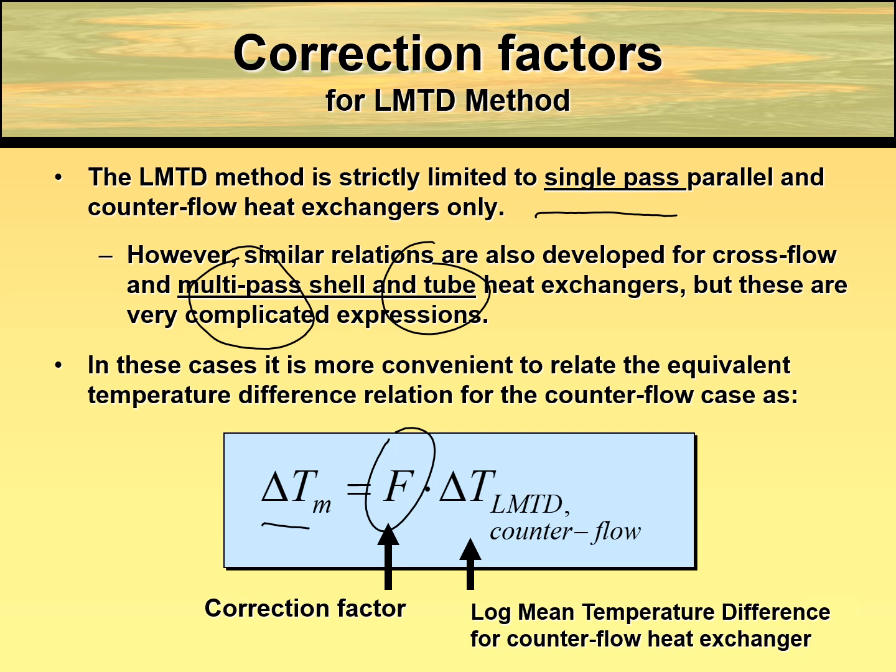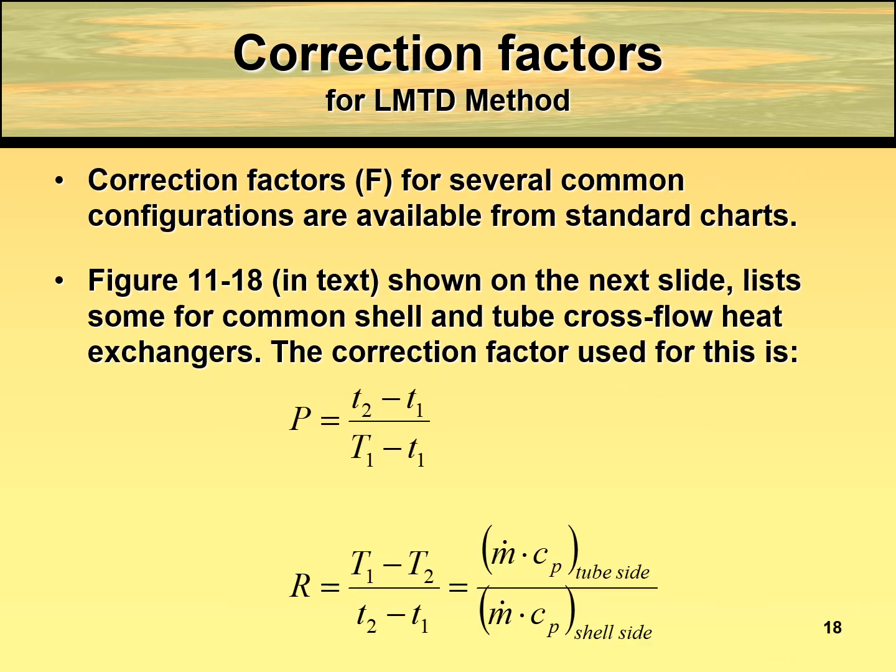So delta Tm is equal to the correction factor times the delta T LMTD for the counter flow. For the shell and tube cross flow heat exchanger, the log mean temperature difference will be considered for a counter flow heat exchanger.